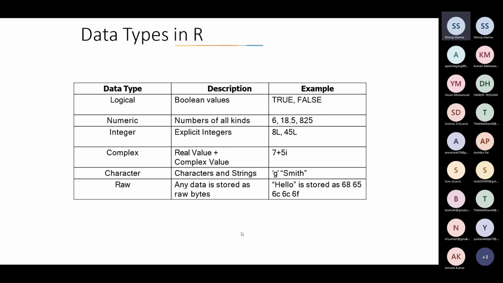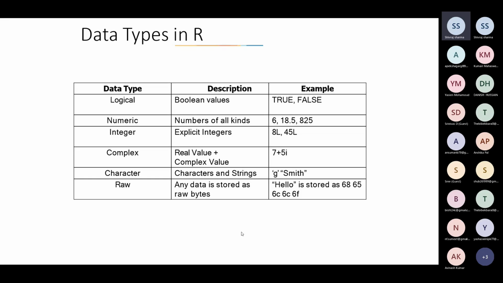Second is your numerical, that you are all aware about. Integer, that again you are all aware about. Complex terms, that consist of real and complex values. Character type, or you can say strings. And finally the raw data, meaning any data stored as raw bytes.